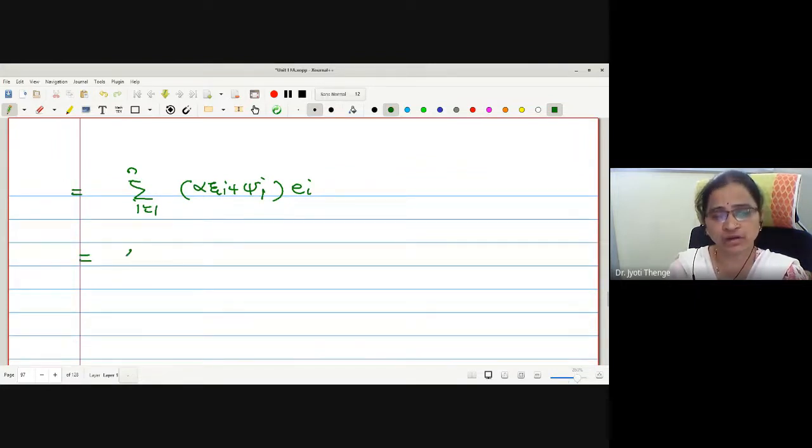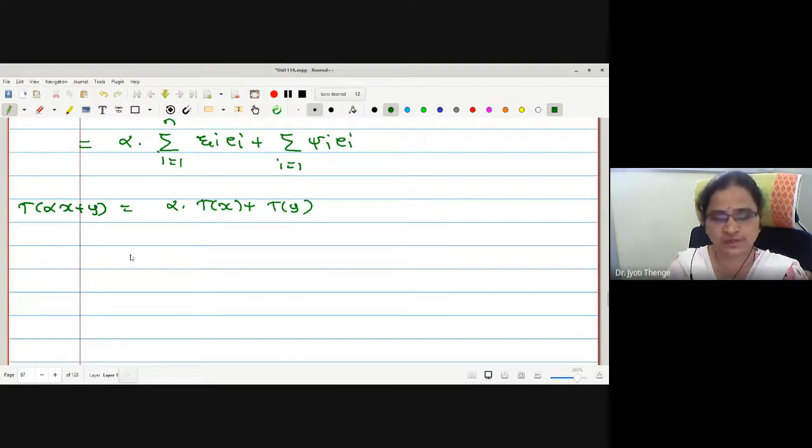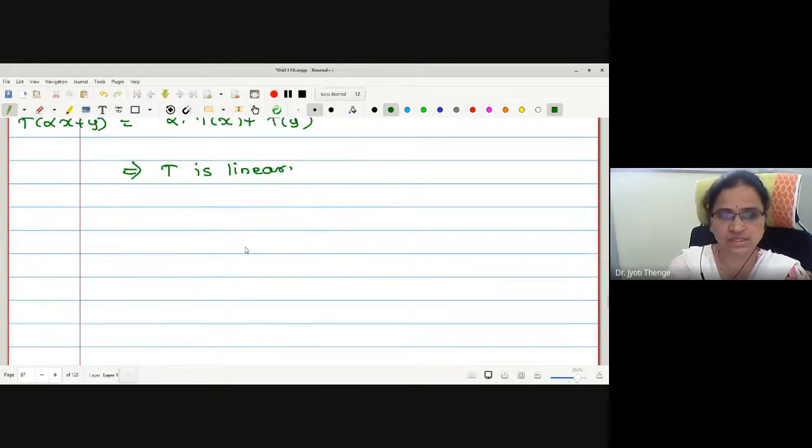Alpha is independent of i. Can I write directly summation i equals 1 to n zeta i e i added with summation psi i e i? What is it going to give us again? Is it alpha T x, and this is T y. Hence, we have proved T of alpha x plus y is alpha T x plus T y, which implies T is linear.